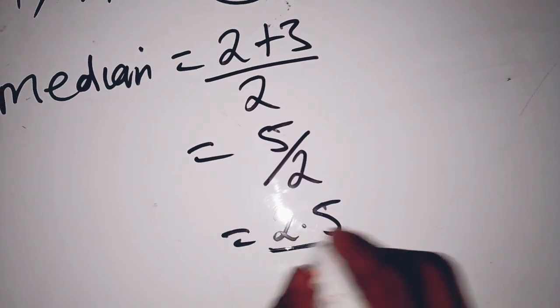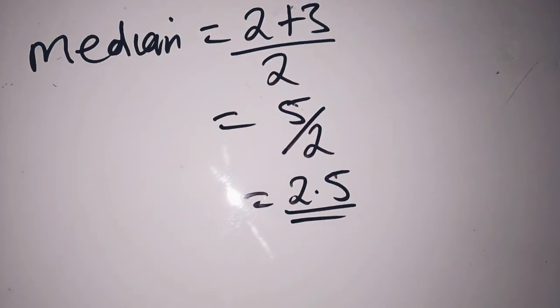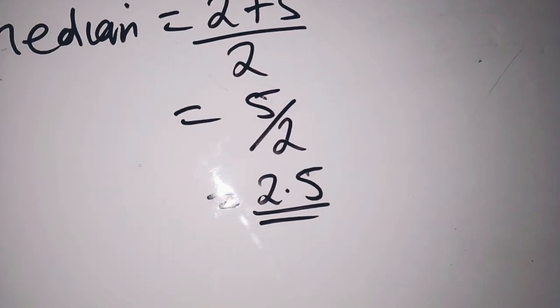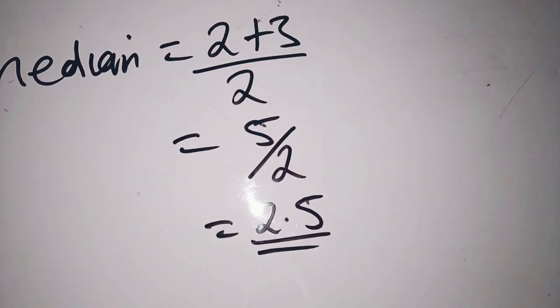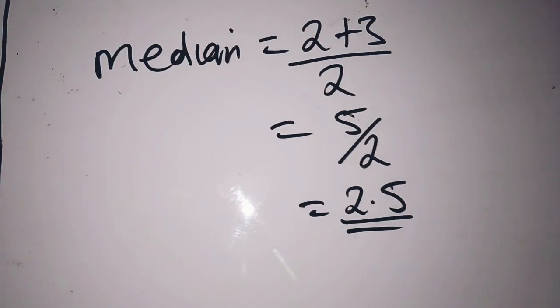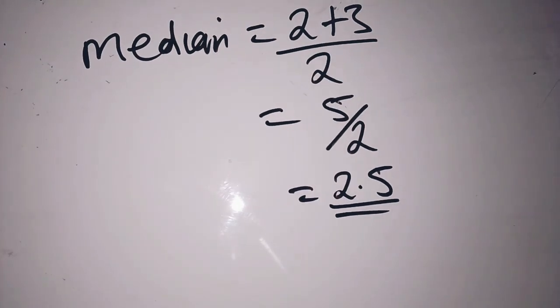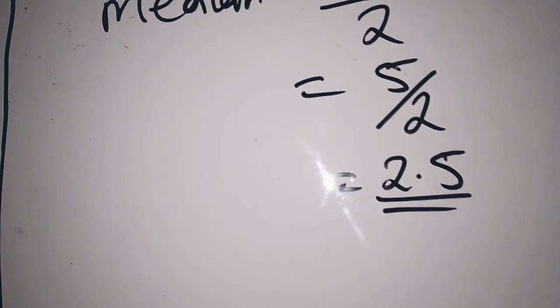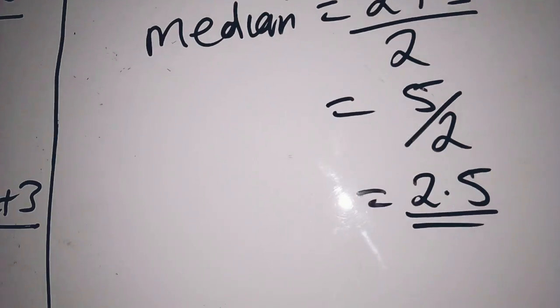So 2.5 will be our median. Okay, so it's simple, right? It's very, very simple.